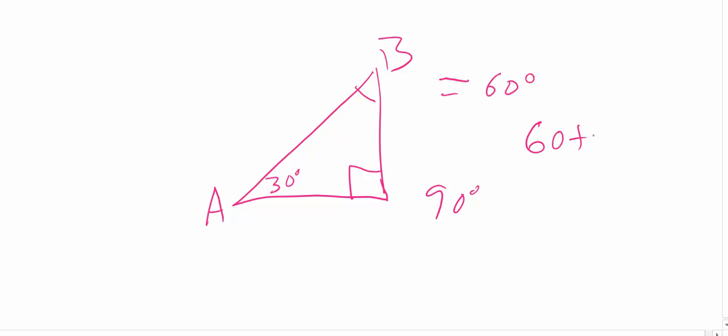The other angles, the non-90 angles, are complementary, which means they always add up to 90. So if angle A is 30 degrees, I know that angle B has to equal 60 degrees, because 60 plus 30 is equal to 90.